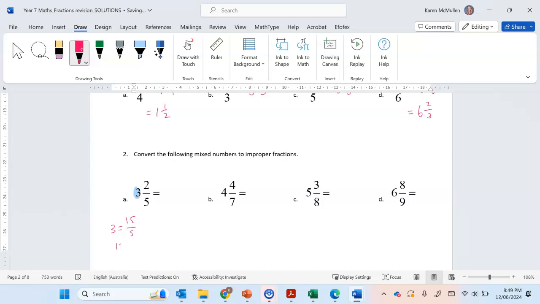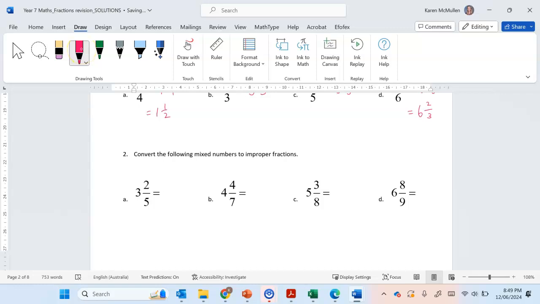So effectively what we're going to do here is 15/5, which is our 3, plus 2/5 gives us 17/5. Now separating it like that can be quite lengthy, and there's nothing wrong with doing that. It actually shows a bit of understanding of what you're doing. But just to make things a little bit more streamlined, we're going to do it a quicker way.